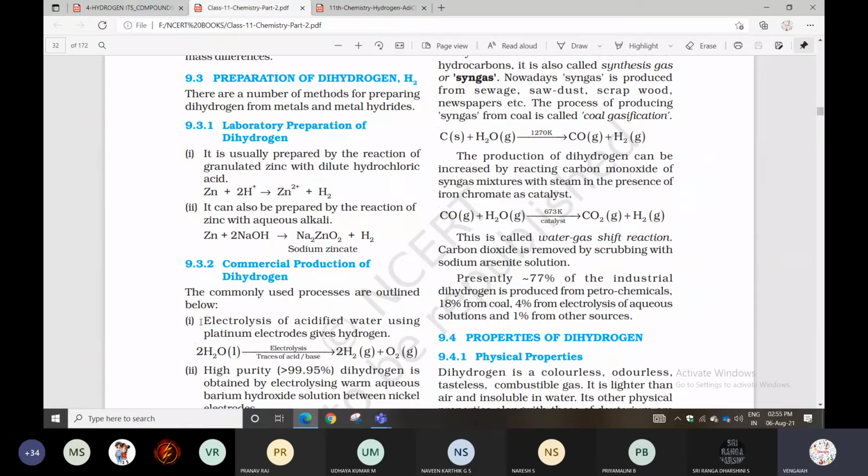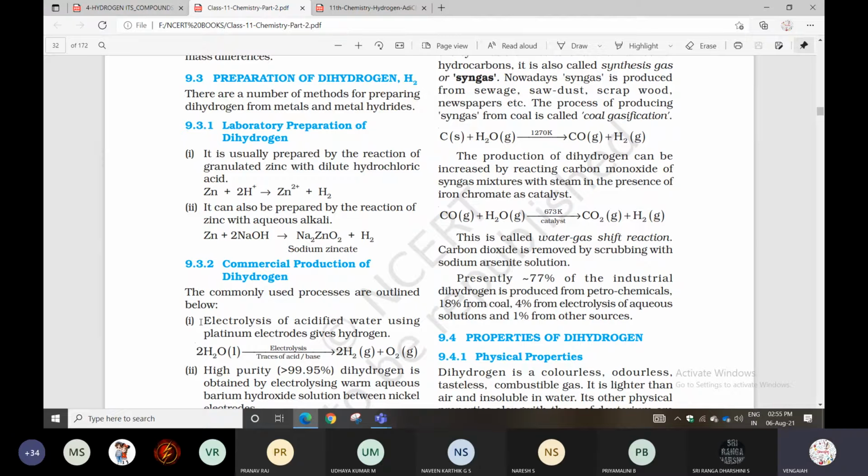Next one is commercial preparation. Commercially, the commonly used processes are outlined below. How can we do it? By the electrolysis process. Listen, electrolysis of acidified water using platinum electrodes gives hydrogen.